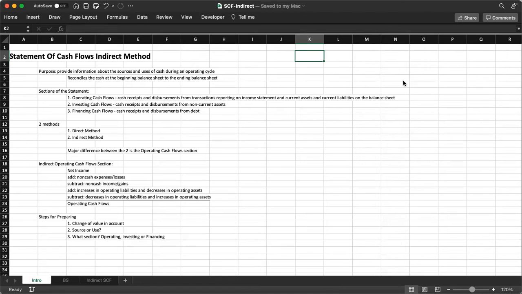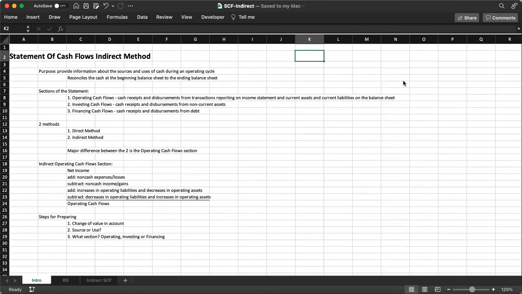So you start with your net income, and then you add non-cash expenses and losses, subtract non-cash income and gains, and then you add increases in operating liabilities and decreases in operating assets, and then subtract decreases in operating liabilities and increases in operating assets to arrive at your operating cash flows for that operating cycle.